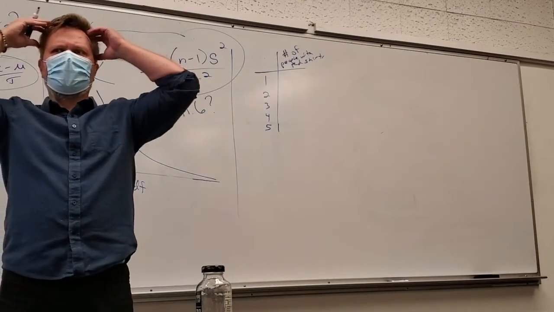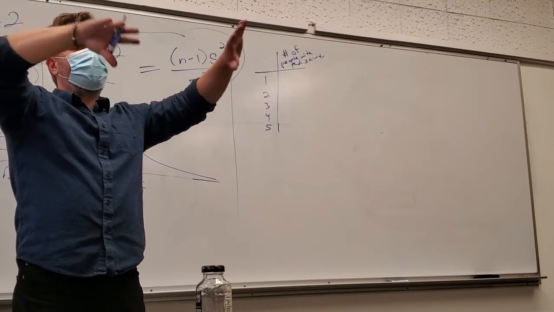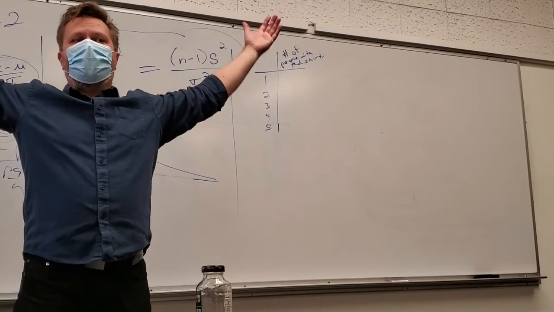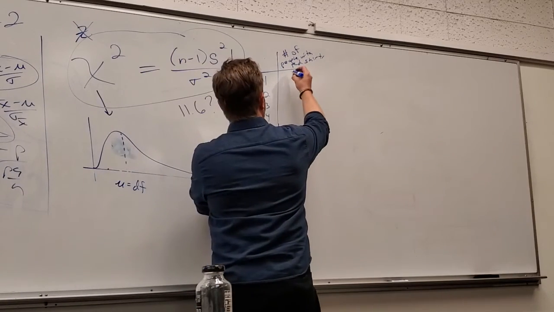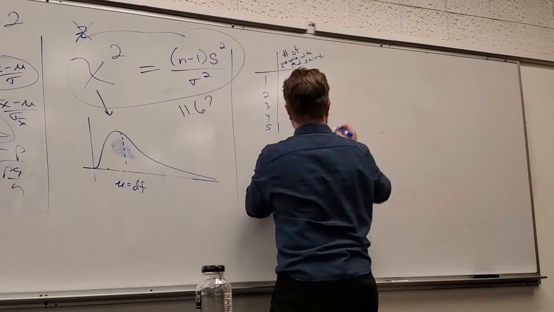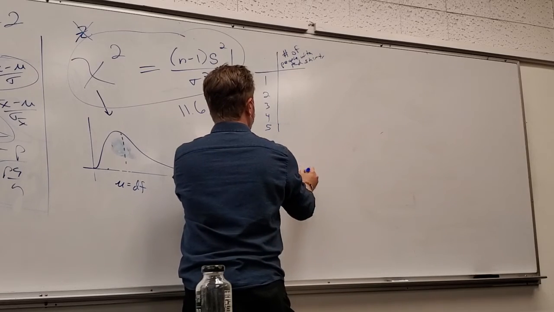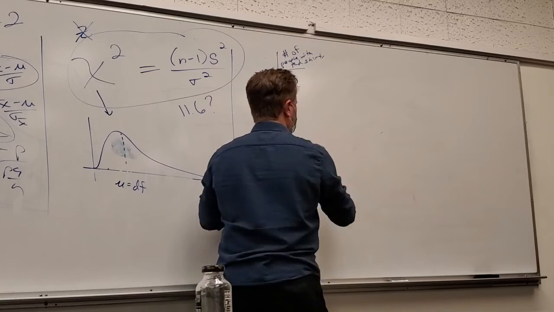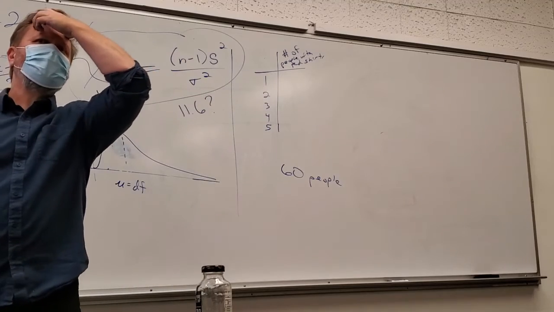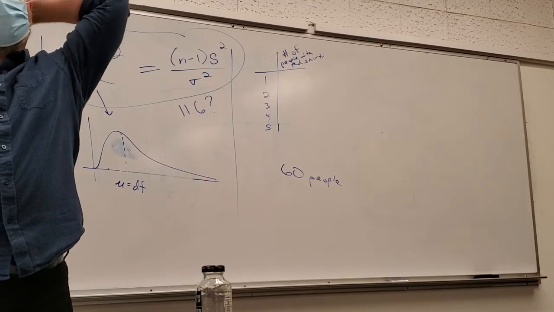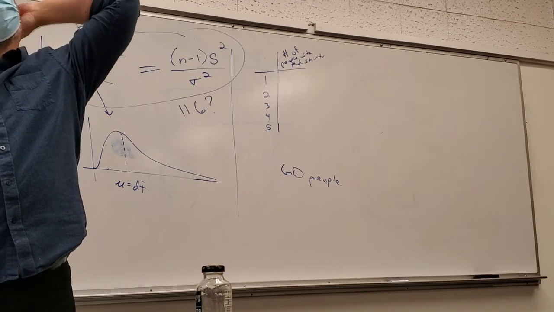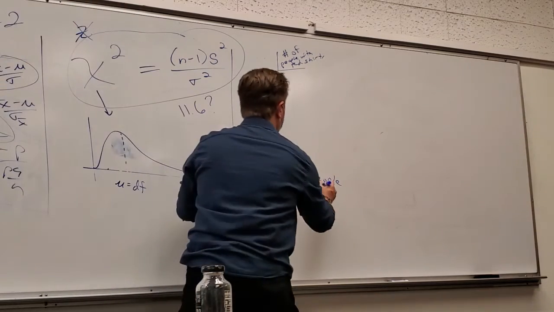So they all have the same number of people, and they just kind of look at the number of people with red shirts. I don't know why. I just do. So say there's, let's see, 60 people. Say there's 60 people. If each team got the same number, how would I say this? Oh, I got it. 60 people with red shirts.